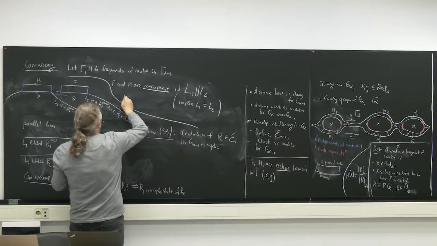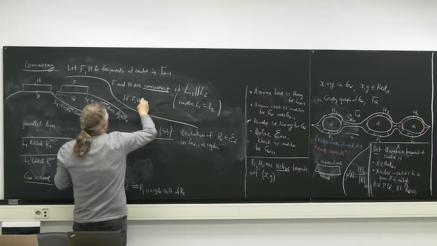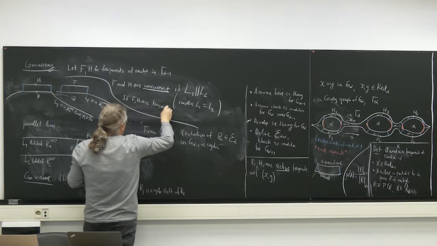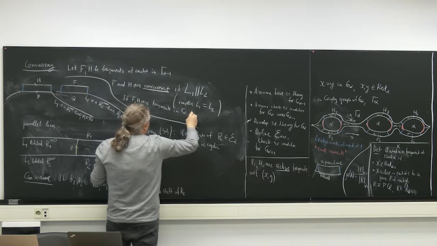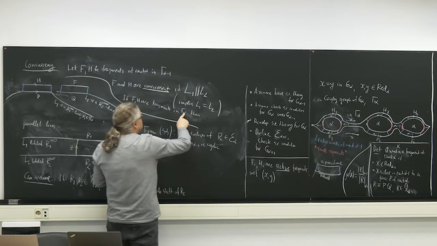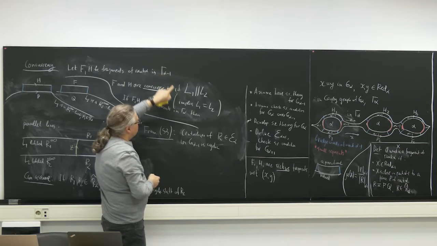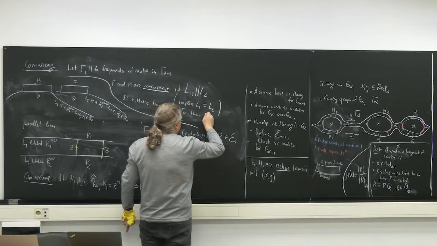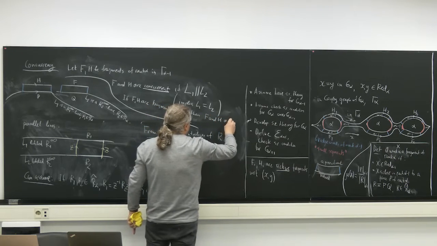So if F and H are fragments in gamma alpha, this is the previous rank calligraph, and this is the same rank calligraph, then F and H are concurrent.